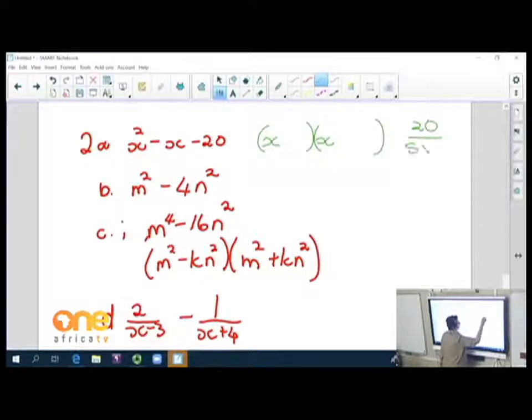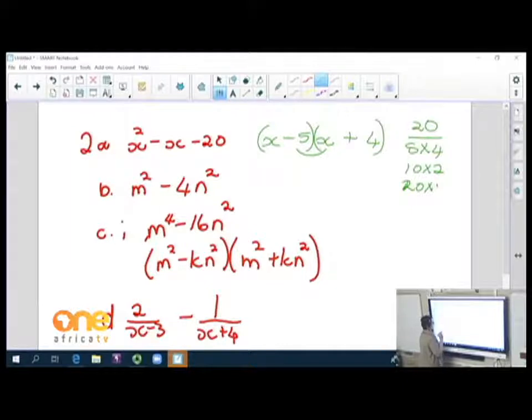So it could be 5 and 4, 10 and 2, or 20 and 1. Which one will we choose? If you subtract it, it must give you 1. So that will be 5 and 4. Signs differ. The biggest combination, which is this one, is negative, and that one is positive.